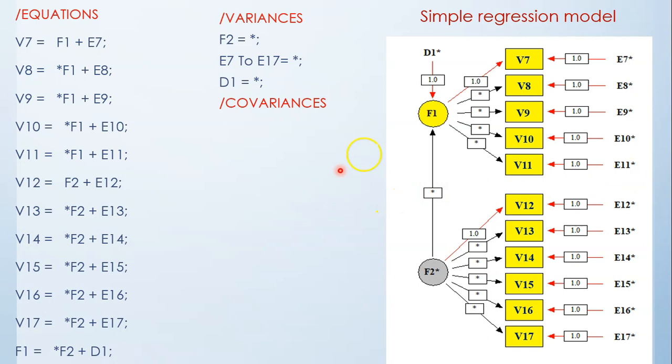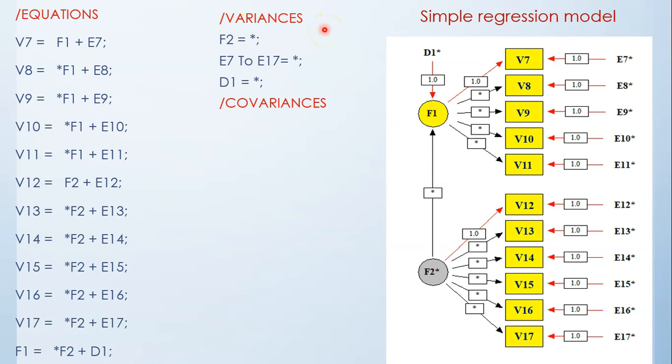Also note that again we don't have any covariances to be added here under the covariances section, and all of the error variances, these 11 error variances, as well as the variance of F2 have been displayed here. There is one more variance here, which is the variance of this disturbance term, and again you can see that the variance of this disturbance term has been added under the variances section.